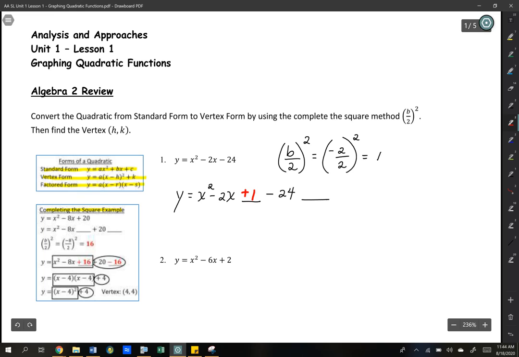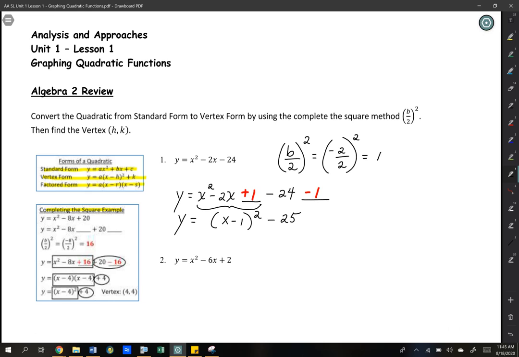But I can't just add 1 to the equation, right? It's now a different equation. I have to balance it by subtracting 1. All right, so what do we have then? y equals, now this part can be rewritten as x minus 1 squared, and then -24 minus 1 gives me -25.